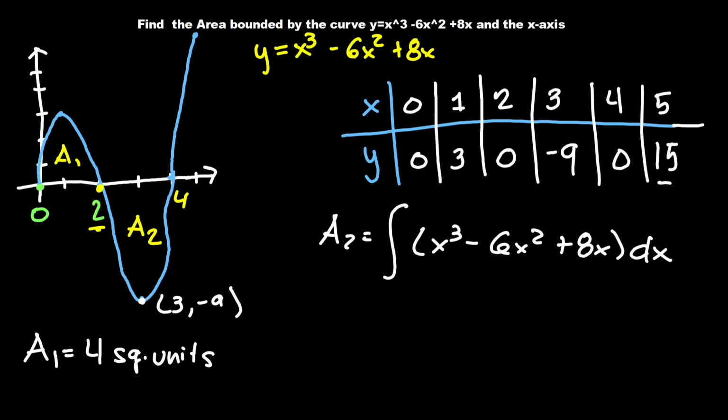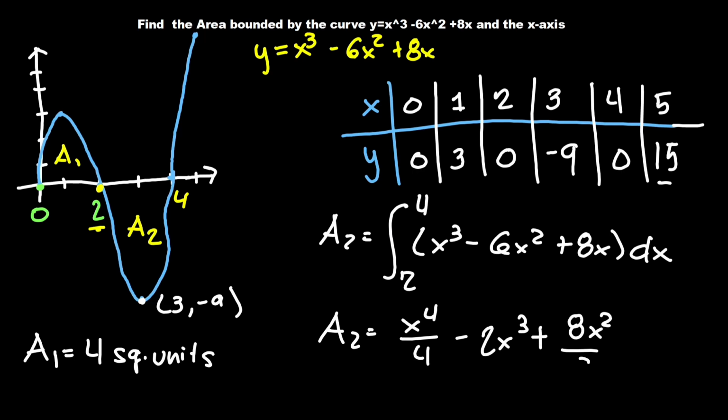So this would be upper limit of 4 and lower limit of 2. So integrate this. This would be x to the power of 4 over 4 minus 6x cubed over 3, or this would be 2x cubed, plus 8x squared over 2, or 4x squared.